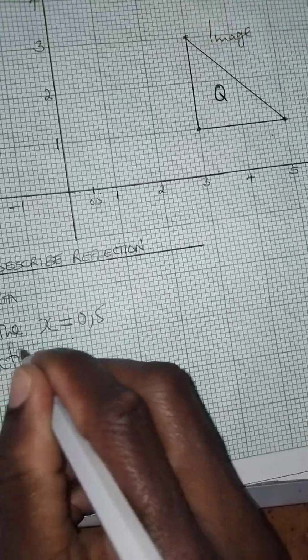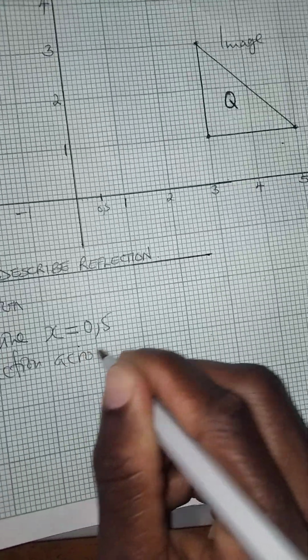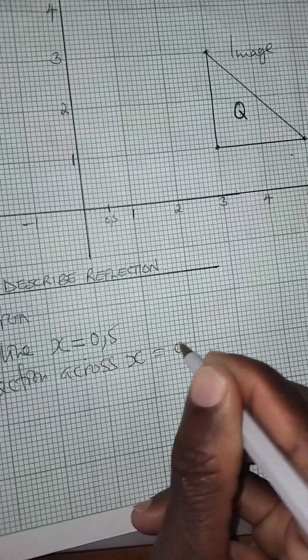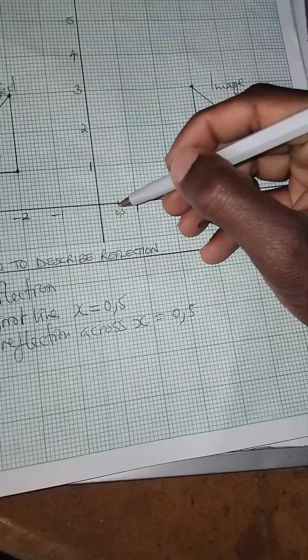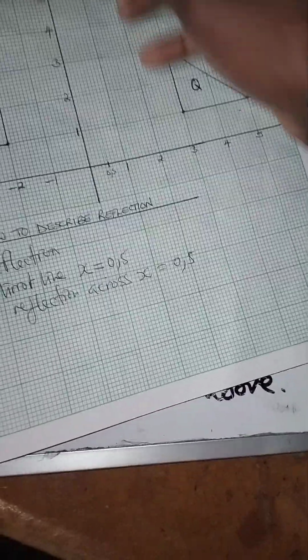Reflection across x is equal to 0,5 is what we call the mirror line. So you draw your line.